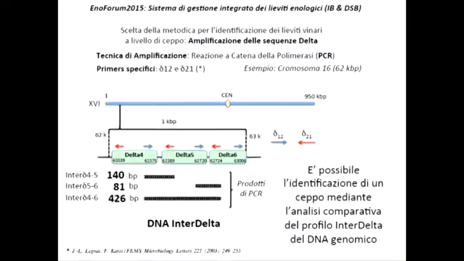What happens in chromosome 16, for instance, is that at 62 kilobases, in a space of 1,000 bases, there are 3 delta elements, delta 4, 5, and 6, which are adjacent. The 2 primers, delta 12 and 21, pair in a divergent way.